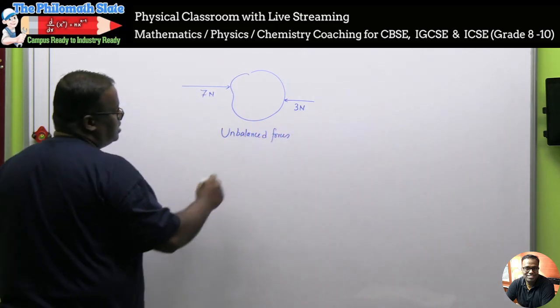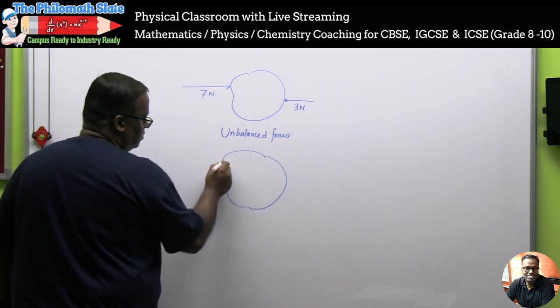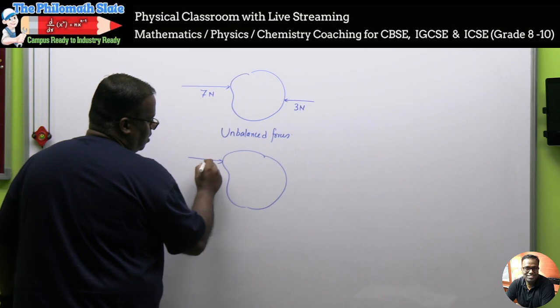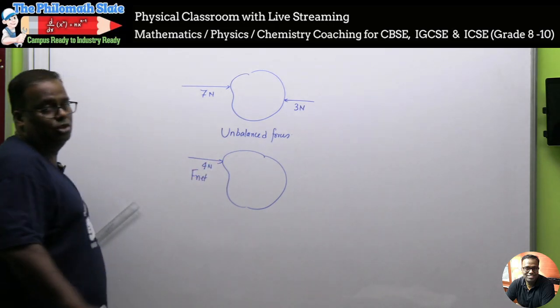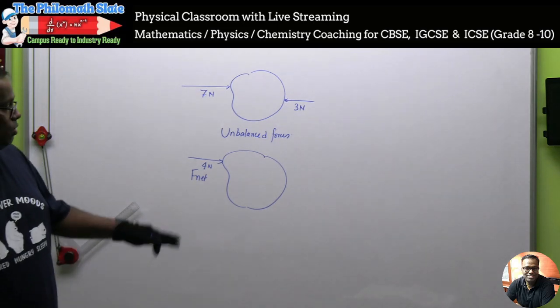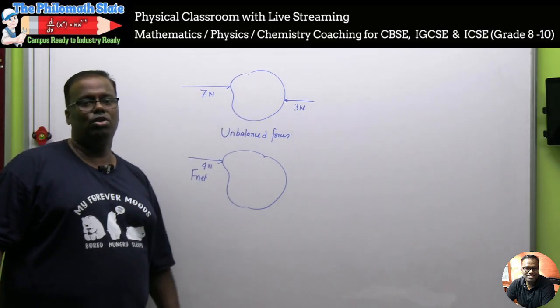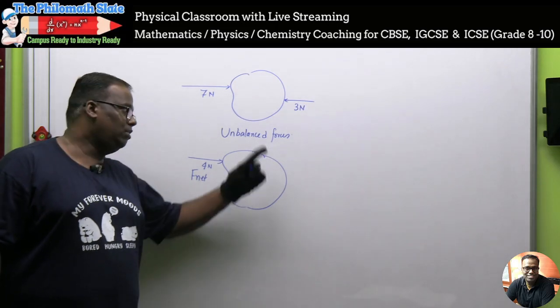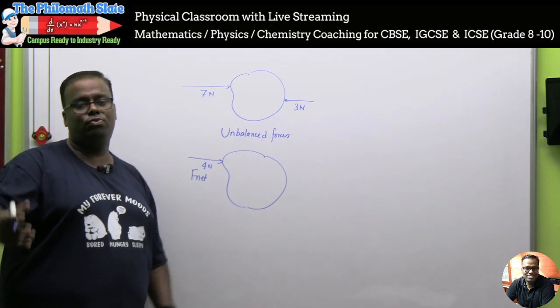And this system can now be replaced by one net force of 4 Newton. Do you understand this? It is equivalent to the body being acted upon by a 4 Newton force. So whenever you have unbalanced forces, you get a net force.